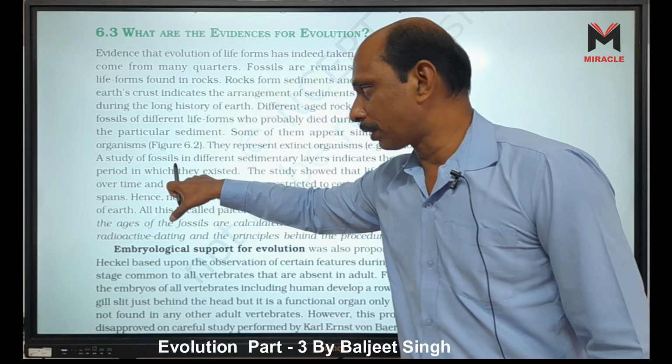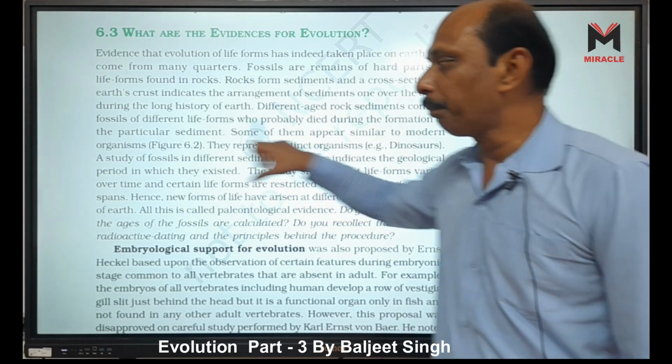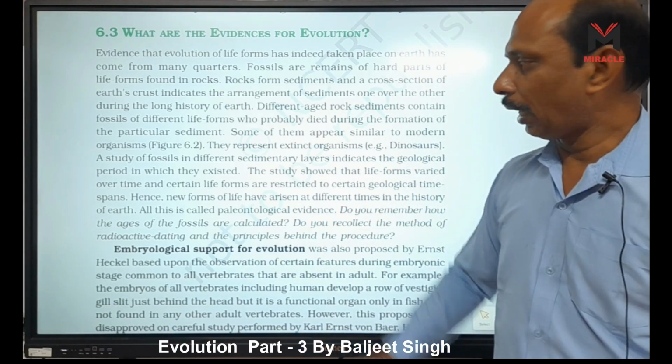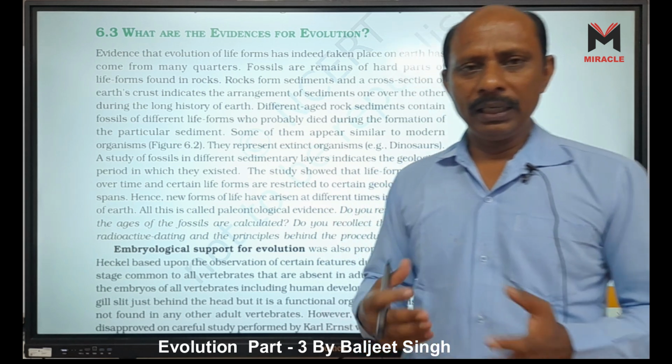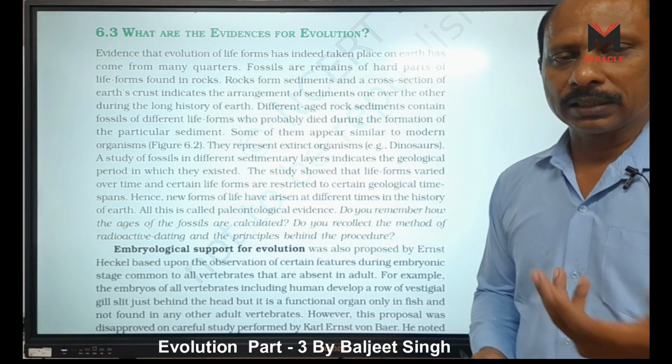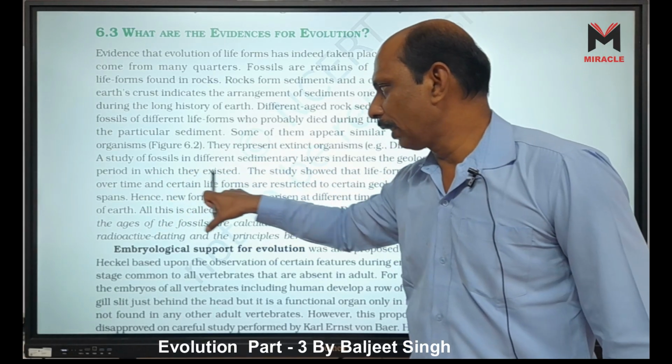A study of fossils in different sedimentary layers indicates the geological periods in which they existed. After this, when I read this, I will tell you how many eras and epochs or periods there are.